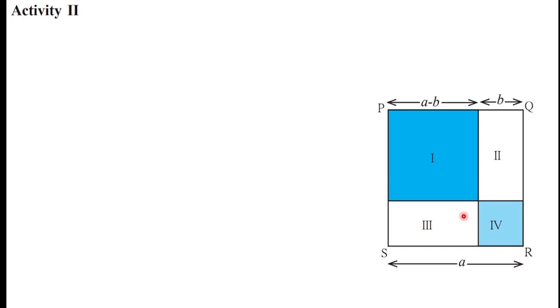So as we can see in the figure, the square with side A is divided into 4 parts, namely a square with side A minus B, then a square with side B, and 2 rectangles of sides A minus B and B. Right?